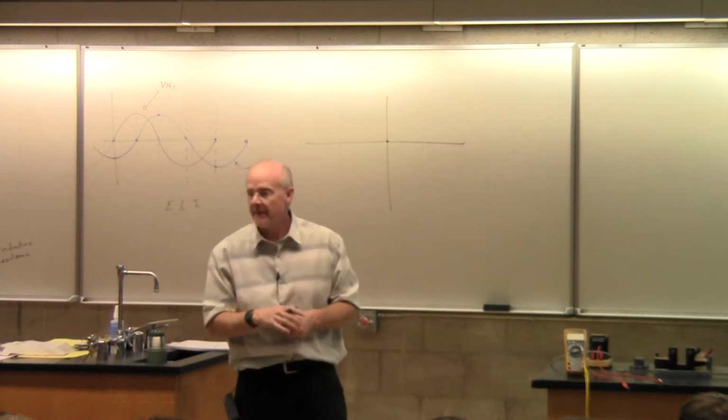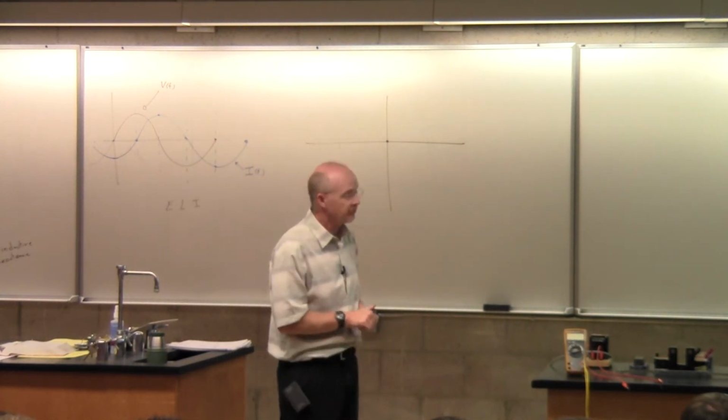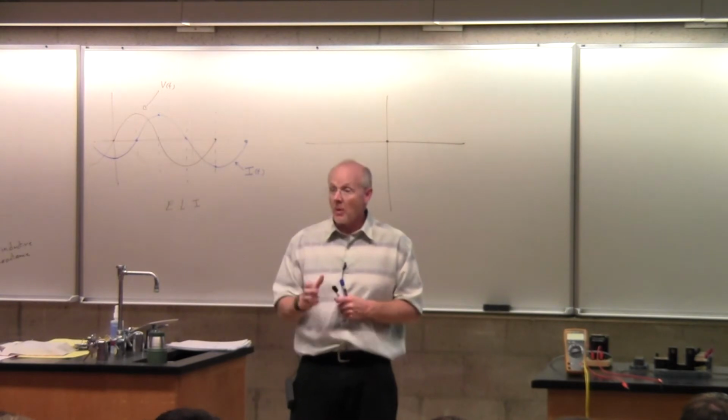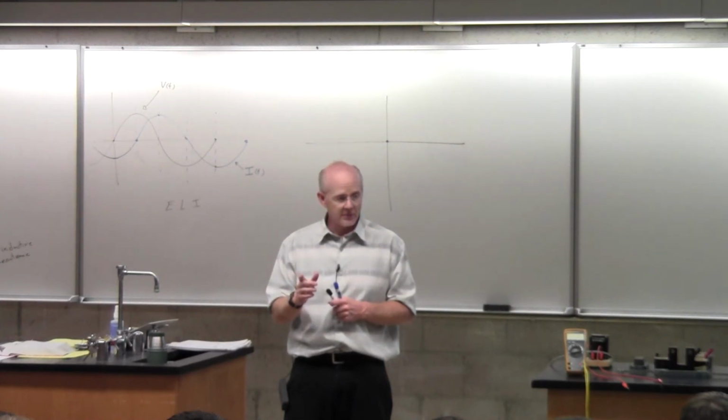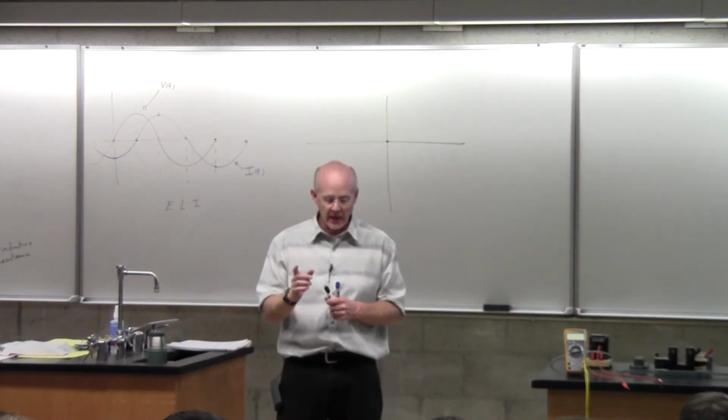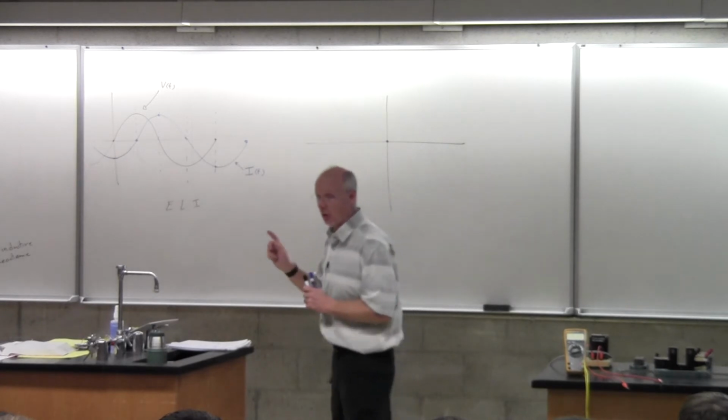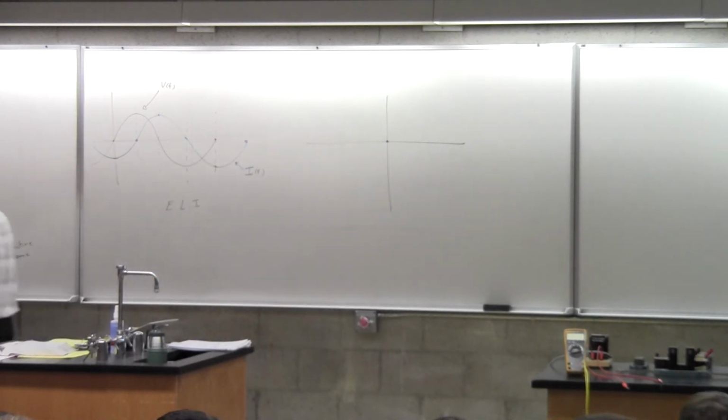If you're inducing current on a secondary coil, would the current come before the voltage? Now you're asking a question different than what I'm showing. What I'm showing, there is no secondary. This is a self-inductance.